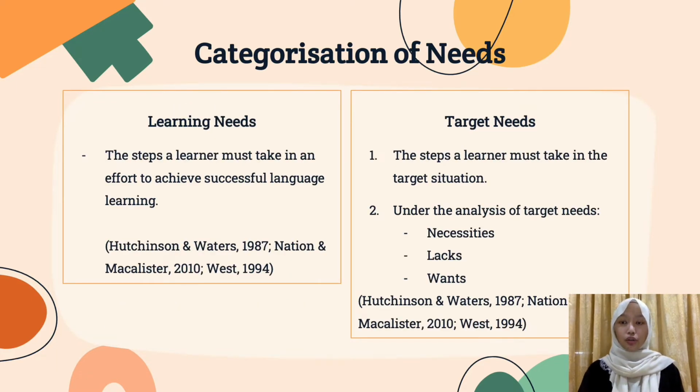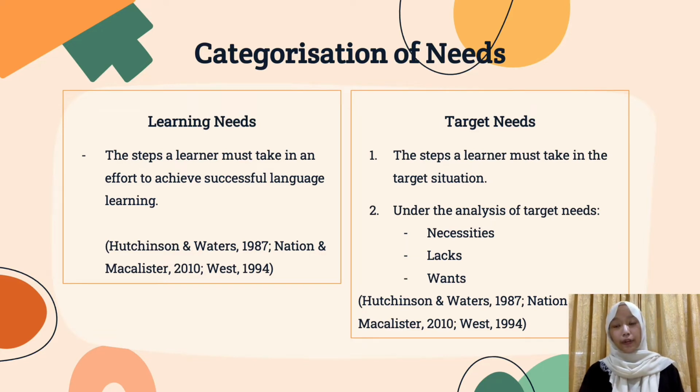Another way to categorize needs is proposed by Hutchinson and Waters, which is learning needs as opposed to target needs. So learning needs refer to the steps that a learner must take or what a learner needs to do in order to learn. According to Juan, it is a route between the starting point and the destination.